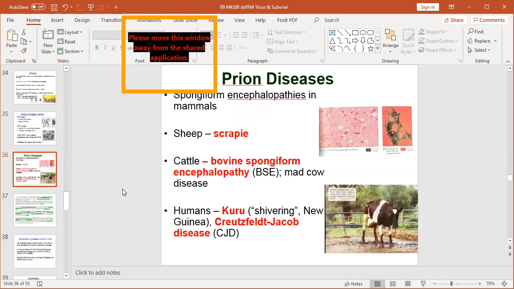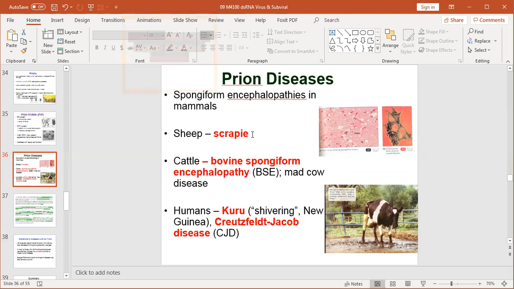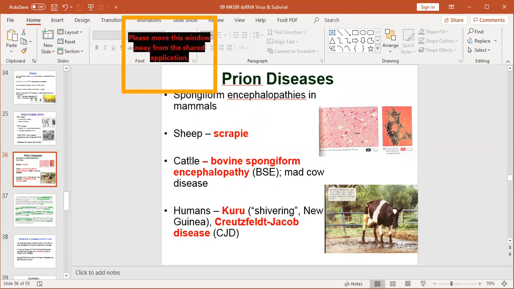We have different types of prion diseases. In mammals, we see spongiform encephalopathies. In sheep, they cause a disease called scrapie. In cattle, we have BSE, bovine spongiform encephalopathy, or mad cow disease.